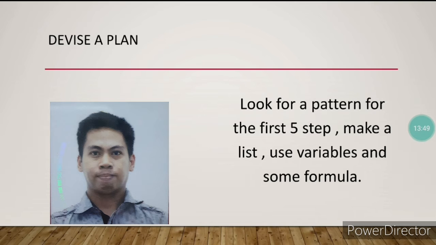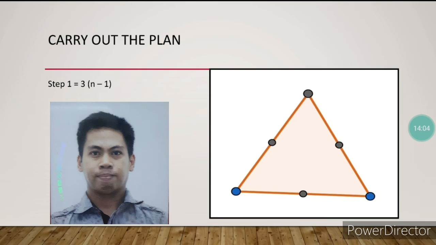Step 2 is to devise a plan. To solve the problem easily, let's look for a pattern for the first 5 steps. Make a list, use variables, and some formula. Step 3 is to carry out the plan.